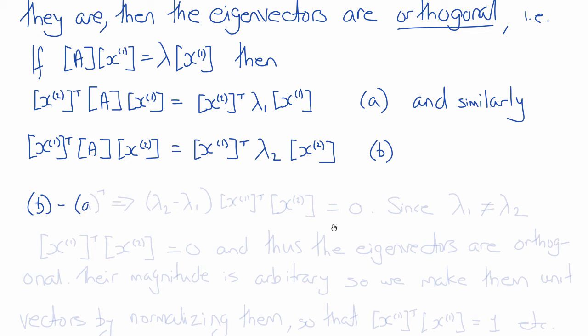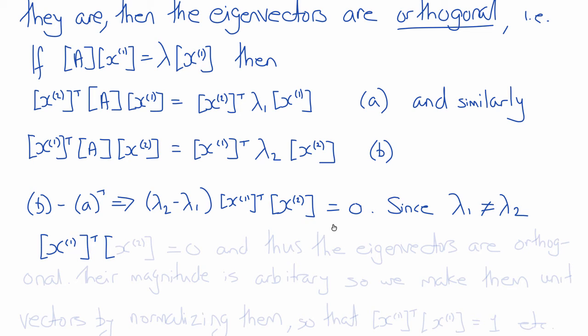Now if we subtract the transpose of equation A from equation B, we get that (lambda 2 minus lambda 1) times x1 transpose x2 is equal to 0. Now if lambda 2 is different from lambda 1, then that means that x1 transpose times x2 must be equal to 0. Remember that x1 transpose times x2 is the scalar product. It's the product of the x components plus the y components plus the z components, which, if these were vectors, which they are since they're eigenvectors, would be the dot product.